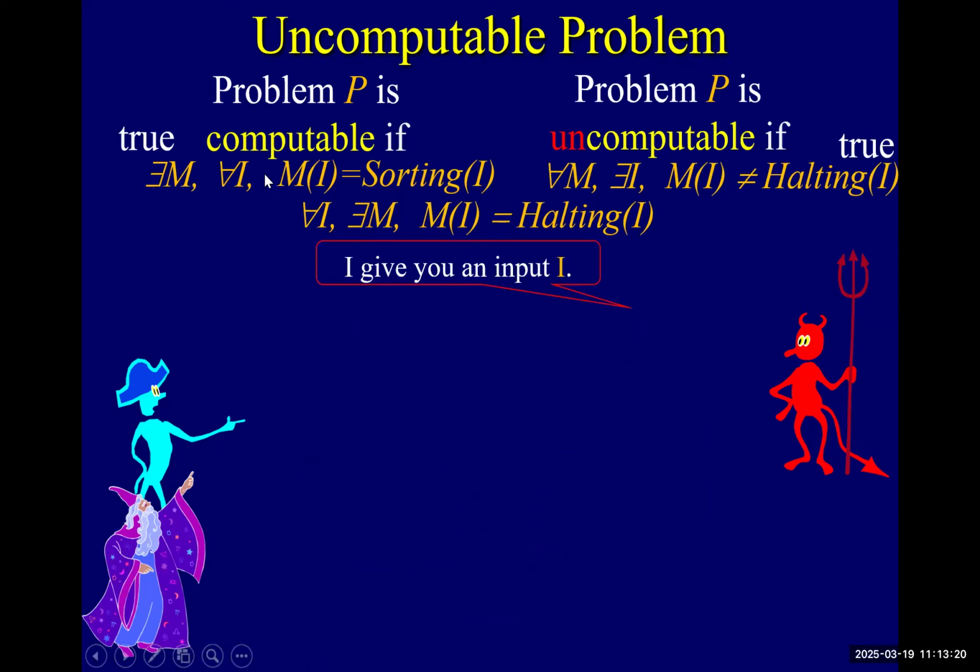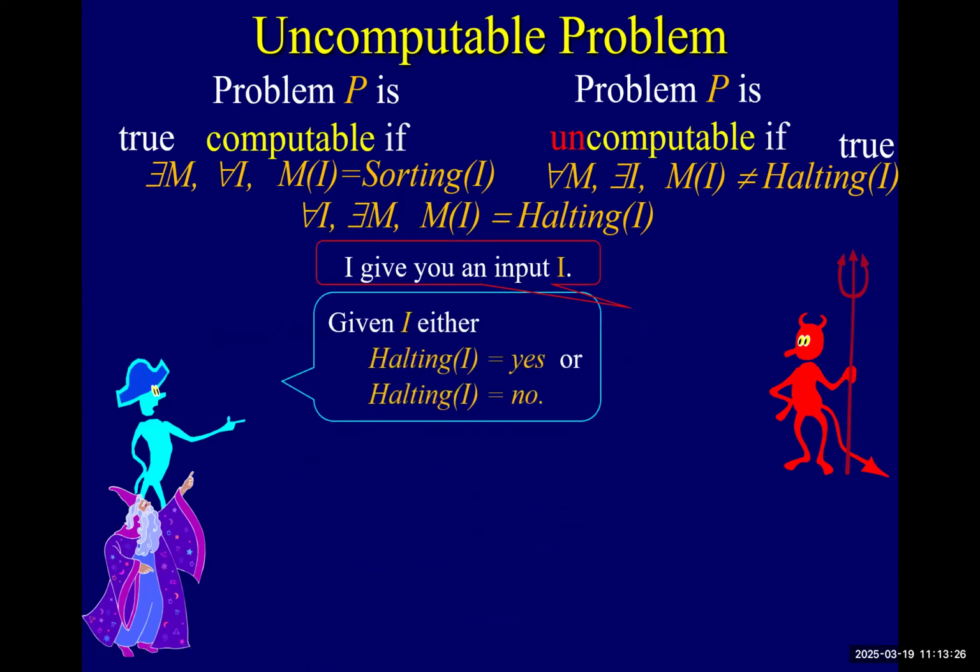So it says for all inputs, the adversary gives me an arbitrary input, right? Now, I have this input. Either it halts or it doesn't halt. Do I know which it does? No, because I don't know how to solve the halting problem, right? In fact, have you ever heard the word constructive proof versus non-constructive proof?